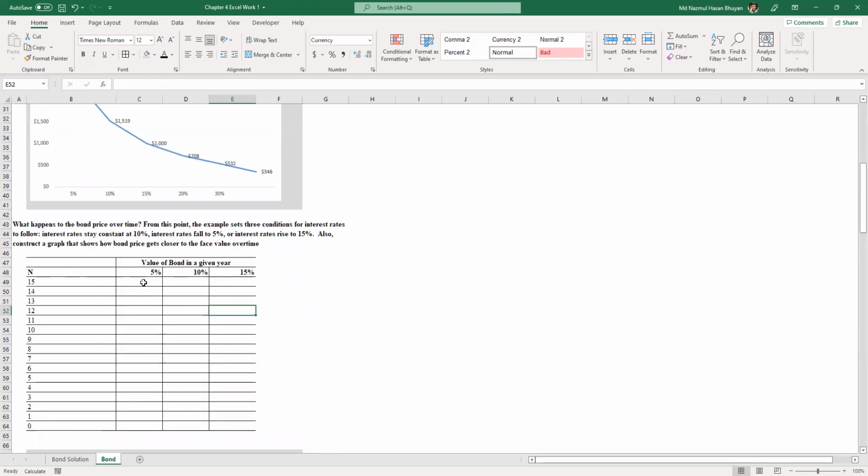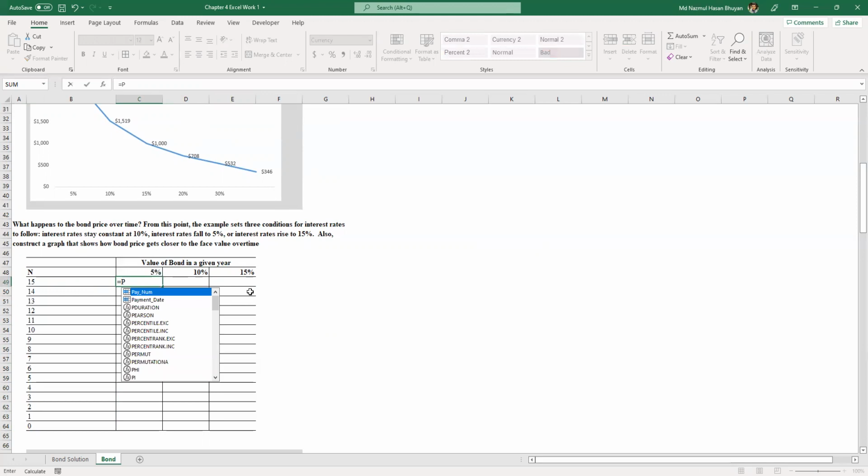Okay. Now let us calculate bond price across all of these years for these three different interest rate scenarios. Okay. PV, and we know our rate here is 5%.